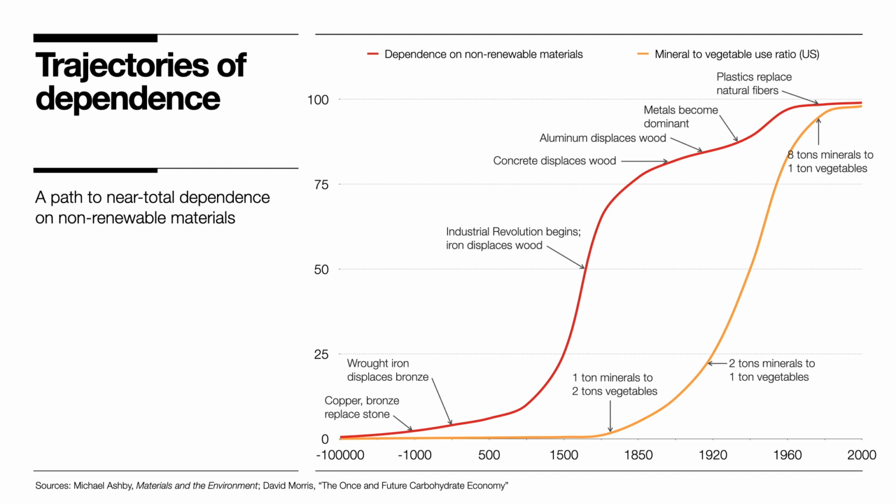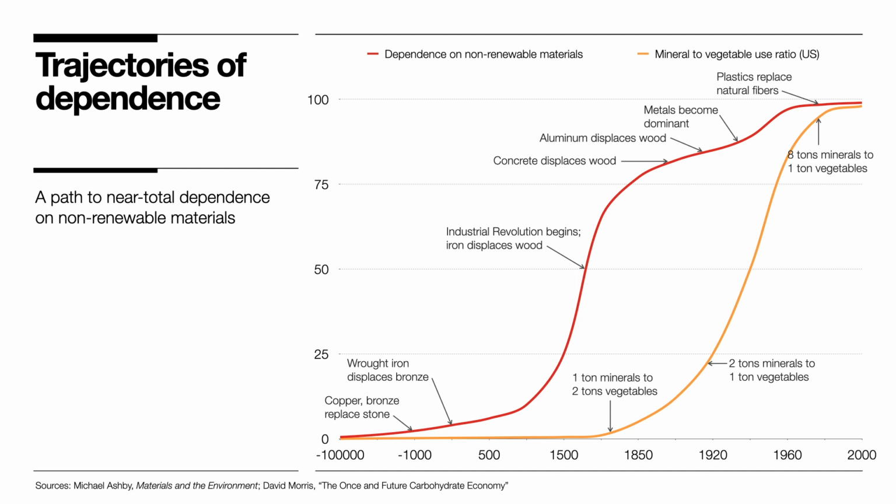And you can see in the detail here significant moments in time where the Industrial Revolution began, when concrete began to displace wood for those applications, where aluminum began to displace wood, etc.